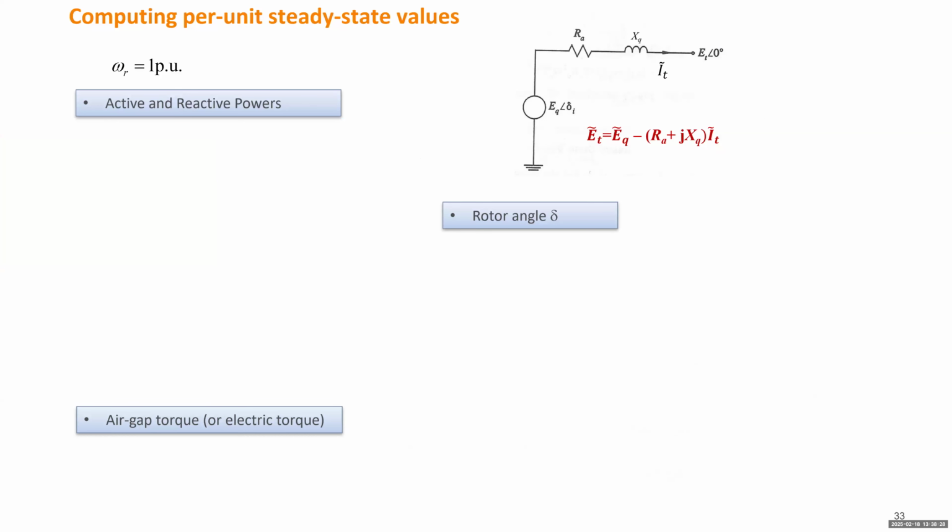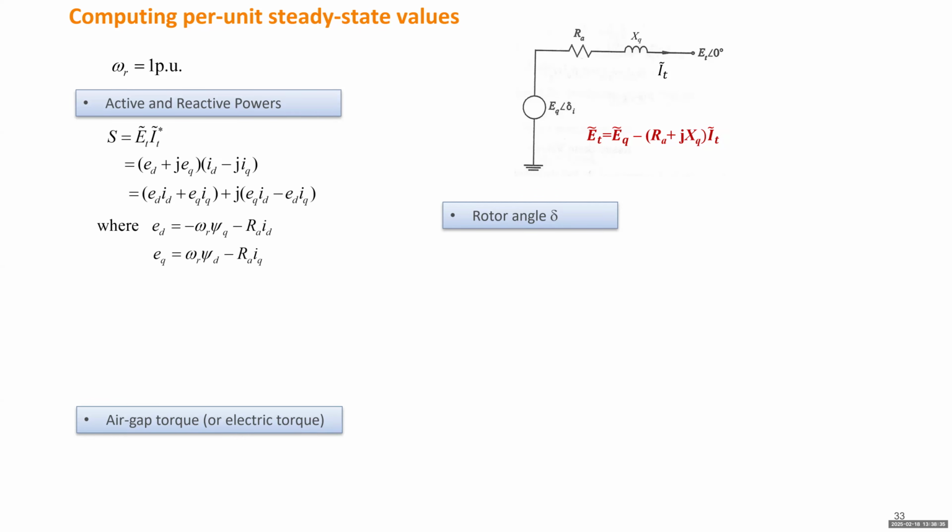Okay, so we can calculate per unit values for the steady state condition. We assume omega r to be 1 per unit, and complex power is defined as the voltage phasor multiplied by the conjugated value of the current phasor, right? Everybody familiar with this? The tilde here is just a phasor in Kundur's book and in this course.